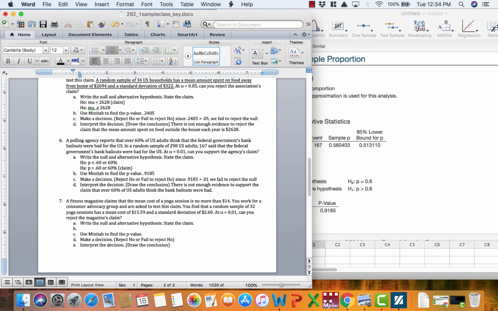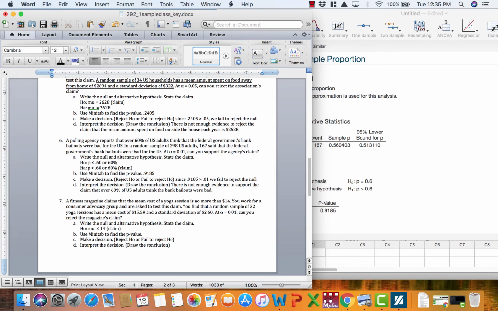All right, so what do we read in the problem? We read that the mean is no more than 14. Okay, so how do we write that? We write that as mu less than or equal to, no more than, 14.